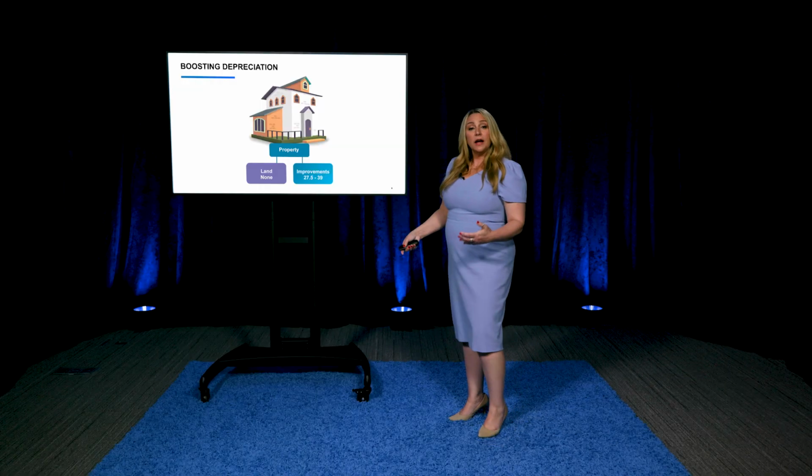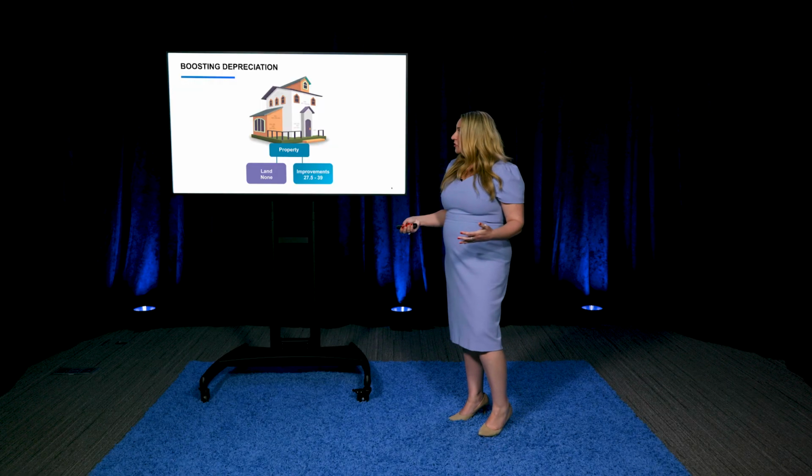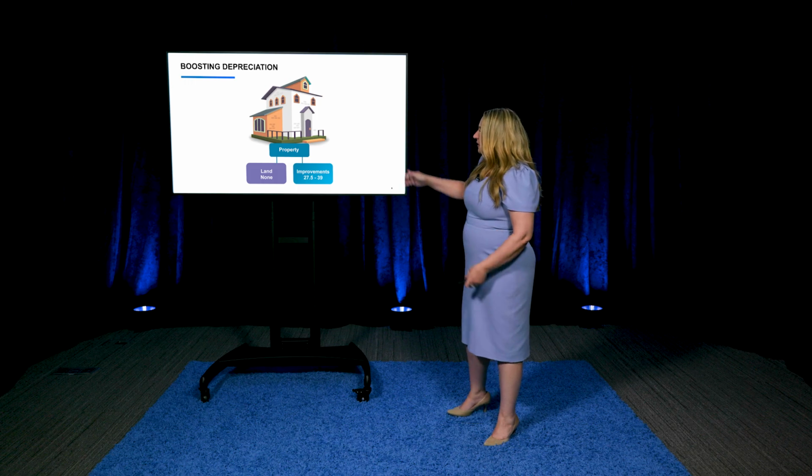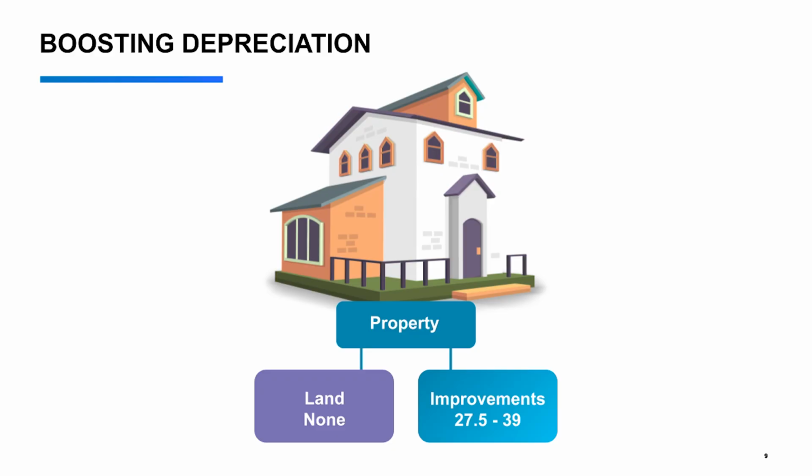Now let's talk about a timing strategy with respect to depreciation as an example. Let's say you have a property, and most every tax professional is aware we can't depreciate land. And so what we do is we apportion out the cost basis of that property. What's considered the land value, we take no depreciation on. And what's considered the building or the improvements, we depreciate over 27.5 or 39 years.